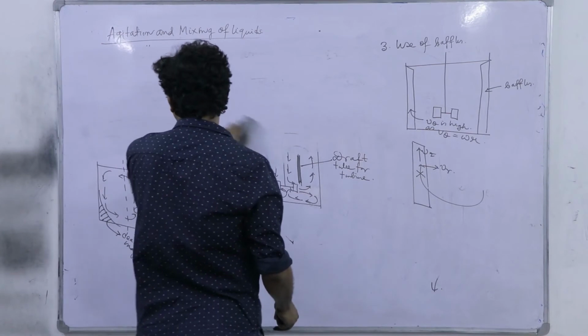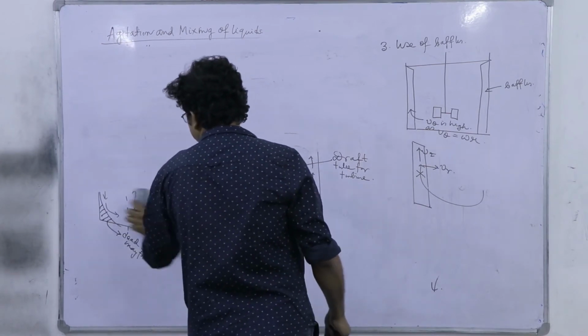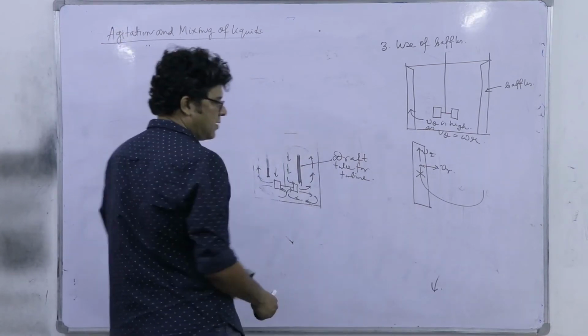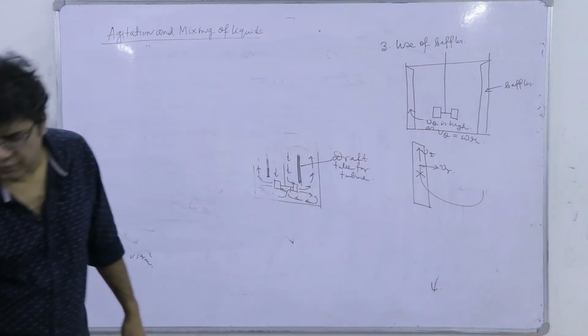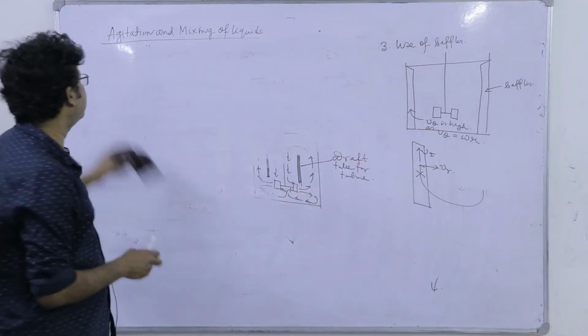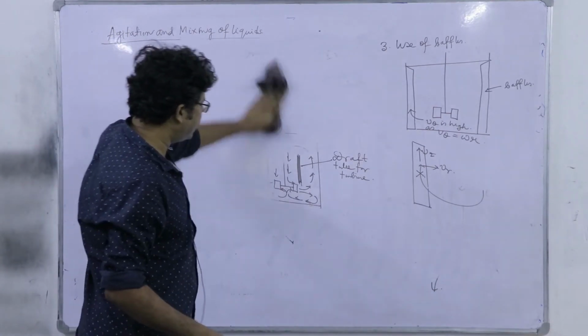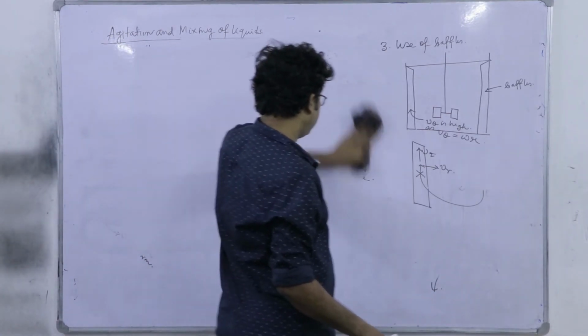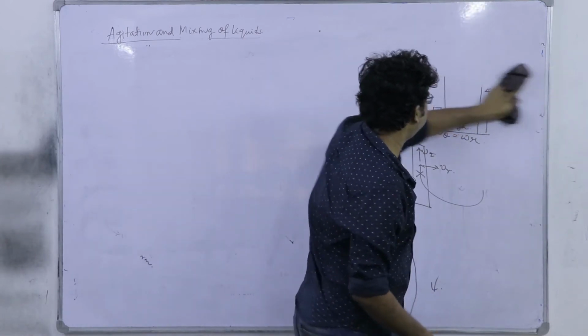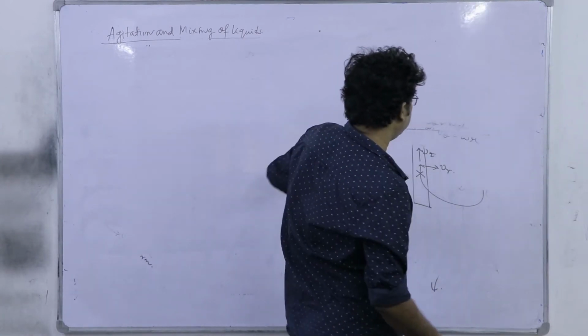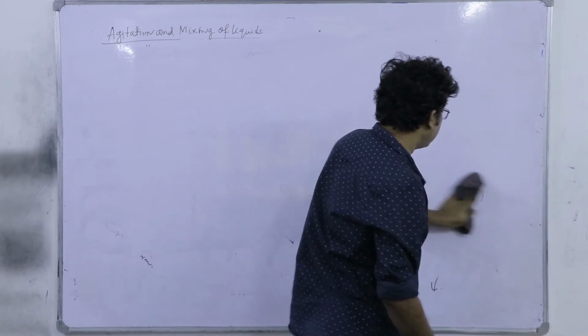Shape factors are dimensionless numbers. It is a geometric ratio, a dimensionless number, like the height or level of the liquid divided by the diameter of the tank, then the diameter of that impeller divided by the diameter of the tank, etc.